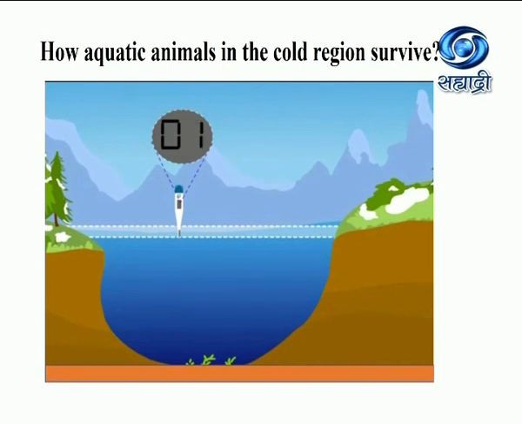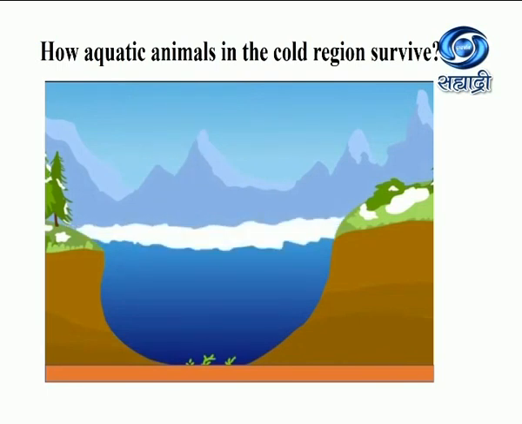The temperature of this water goes on decreasing to 0 degrees Celsius, and finally it is converted into ice. As ice is a bad conductor of heat, water below the surface layer remains at 4 degrees Celsius. As a result, fish and other aquatic animals remain alive in this water.